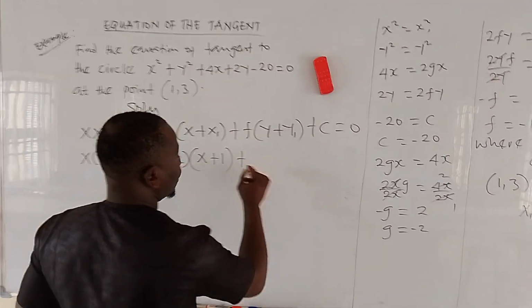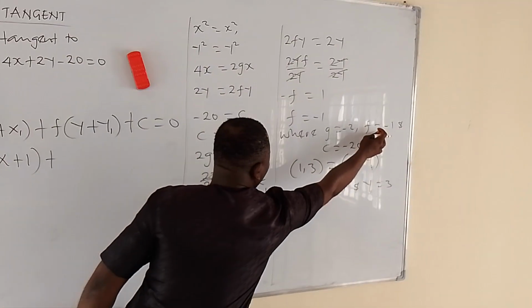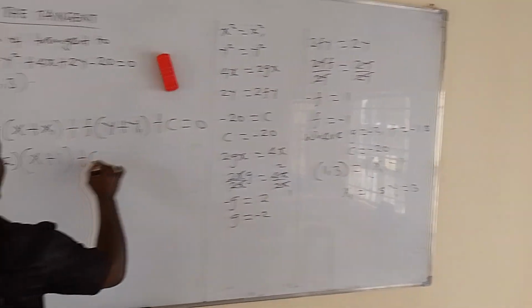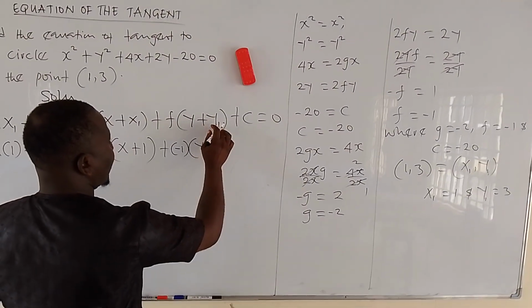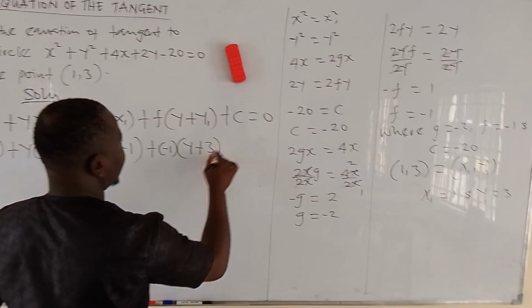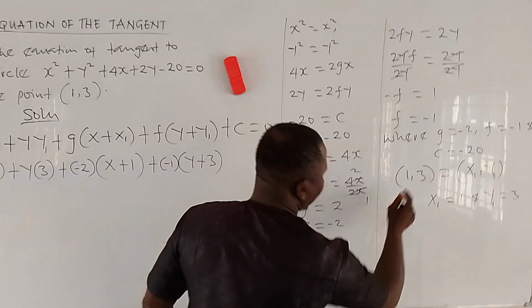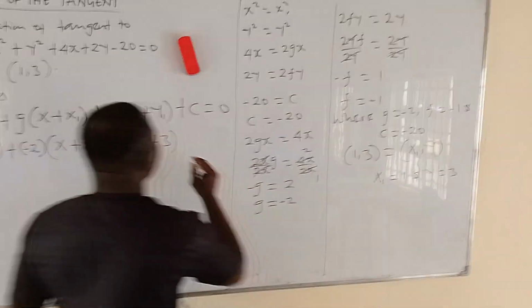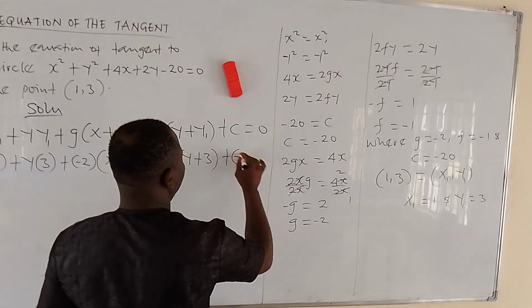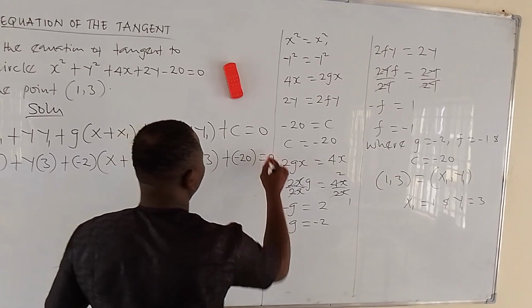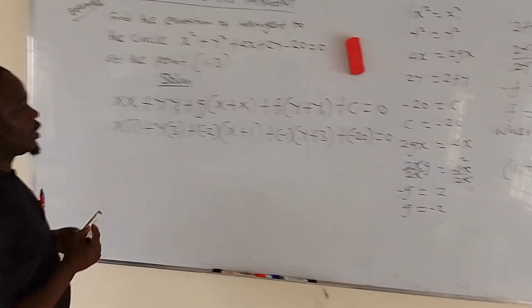Plus our f is minus 1, plus in bracket minus 1, in bracket y plus y1, which is 3. Then our c is minus 20. For the sake of clarity, let us still write plus minus 20, equals 0. Do you agree with me?